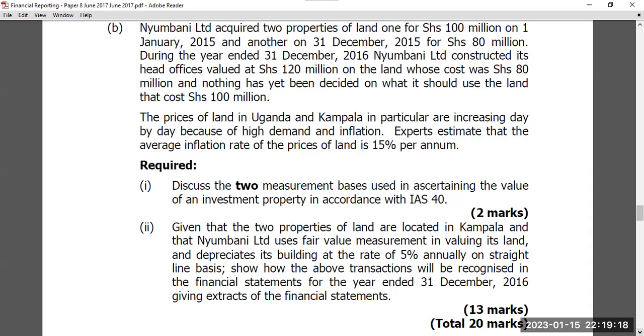Those are basically the things they wanted in part one, and you could explain the cost model and the fair value. The cost model, we said we maintain the cost, but we also take into account the accumulated depreciation and accumulated impairment losses when determining the carrying amount. These things you don't need to cram.